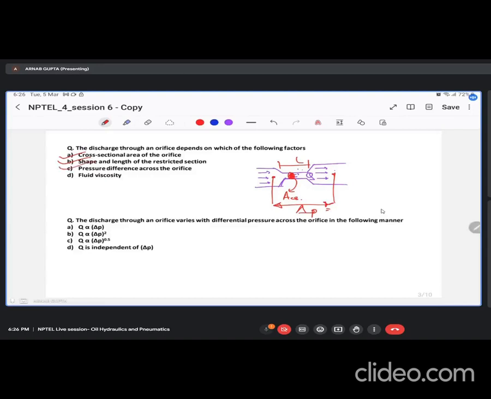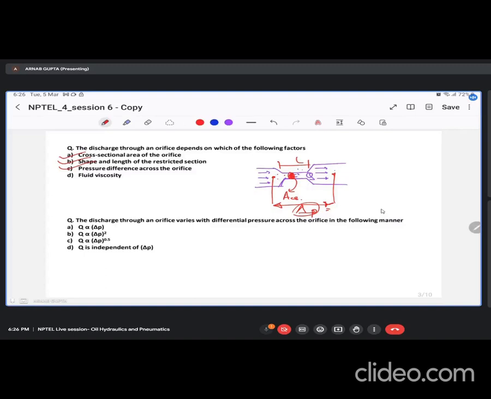And the fluid viscosity. Yes, because if the fluid is thick, it is more viscous, then there will be more resistance to the flow. So apart from this delta P, if we just look at this section, a thick fluid needs to flow through this small section, its discharge will be less.